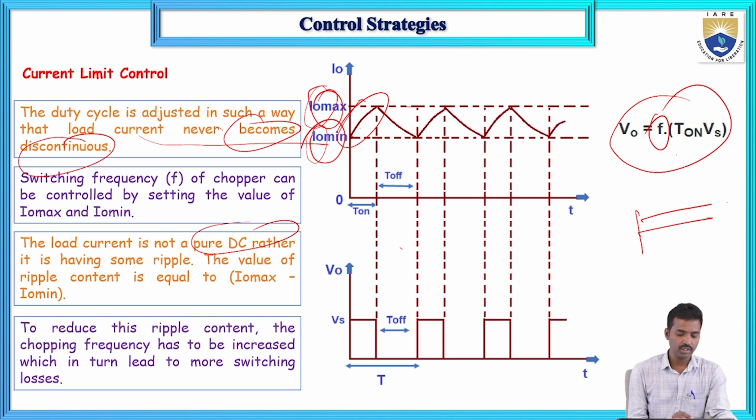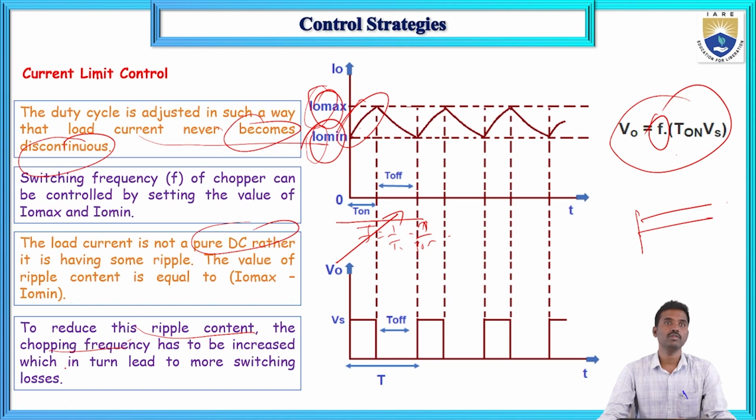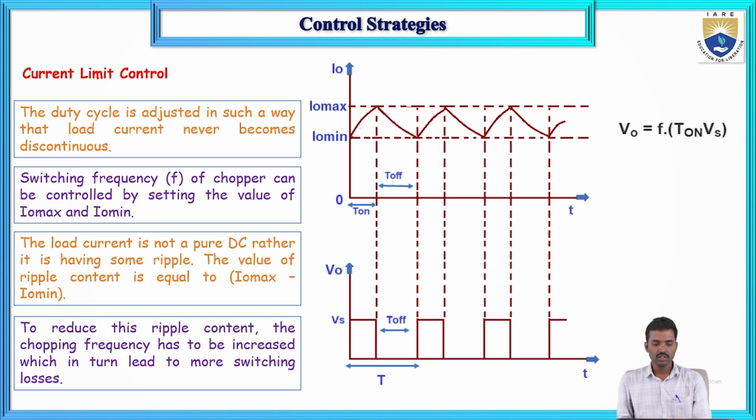To reduce the ripple content in the output voltage and load current, the chopping frequency, that is, frequency equals 1 by T equals 1 by T on plus T off, has to be increased, which in turn leads to more switching losses.